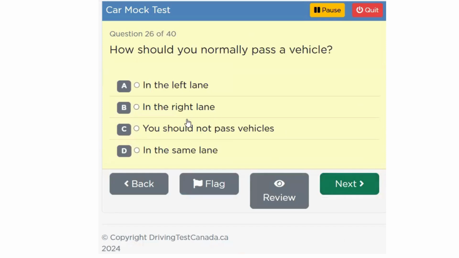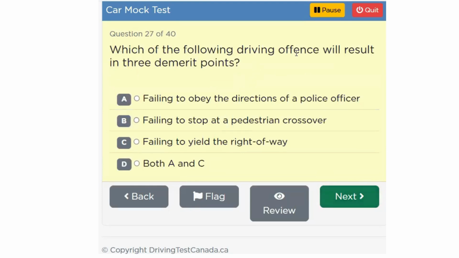In the left lane, in the right lane, you should not pass again. Which of the following driving offenses will result in three demerit points? Failing to obey the directions of the police officer, failing to stop at a pedestrian crossing. I think it's A and C because I know that if you don't listen to the police officer, you get three demerit points.